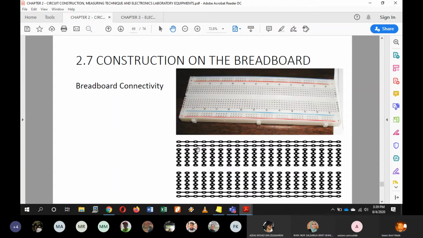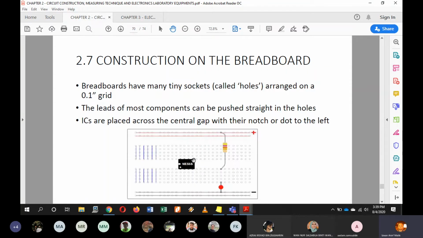One row of pins on top and another row of pins on the bottom part. Make sure the notch of the IC is placed to the left. The notch is the white part, it has an indentation, or you have this bubble on top here.